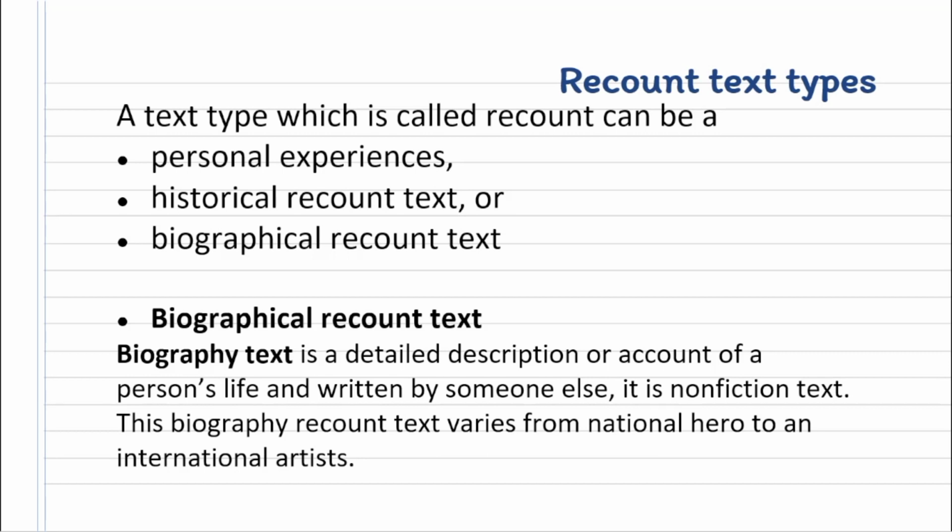Biography text is a detailed description or account of a person's life and written by someone else. It is non-fiction text. This biography recount text varies from national hero to an international artist. Okay, so this is different from personal experiences, like what we read just now. This is about somebody, could be a hero or international artist.